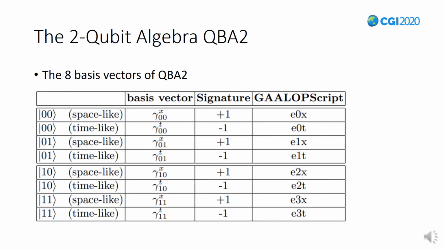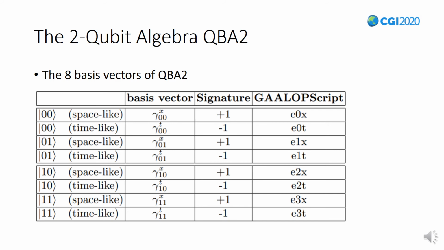Okay, this was done in the QBA for 1 qubit, and let's come now to the 2-qubit algebra QBA2. This algebra consists of 8 basis vectors for the states 0,0, 0,1, 1,0, and 1,1.